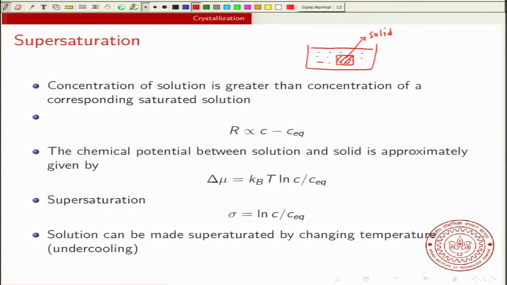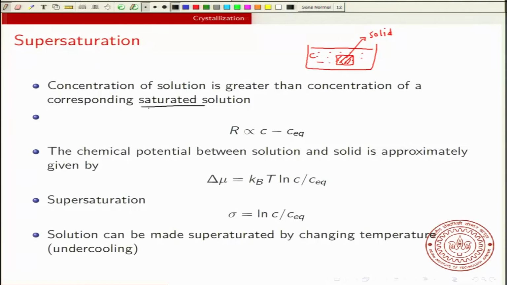Now, C is the concentration of the solution. In order for it to solidify, the concentration of the solution has to be greater than the concentration of a saturated solution. The saturated solution means that you cannot put any more of your solid in the solution without it crystallizing.